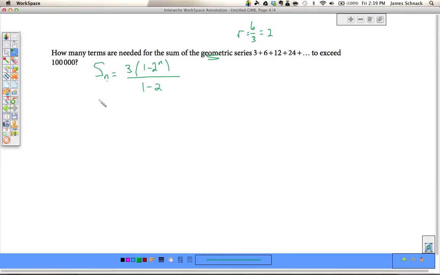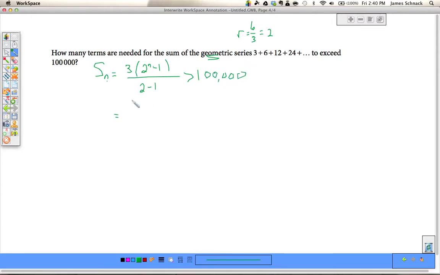Here's an instance where it might make a little more sense to reverse the order of these. So it's 2 to the n minus 1 over 2 minus 1. It doesn't really matter, again. I want to know when this is going to be greater than 100,000. Woo! It's a big number.